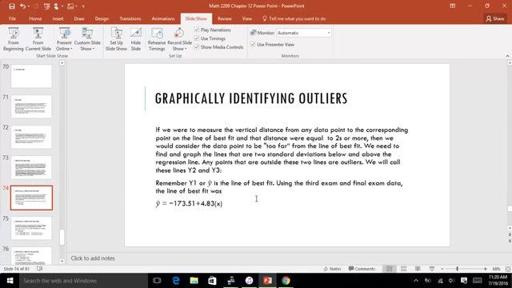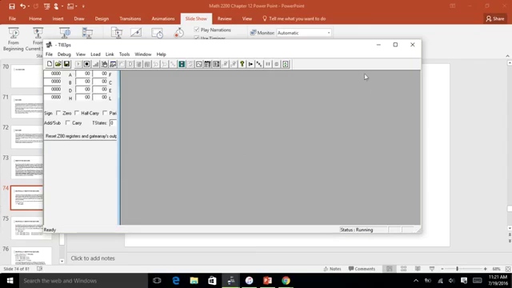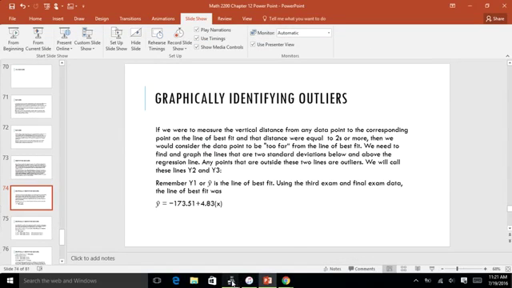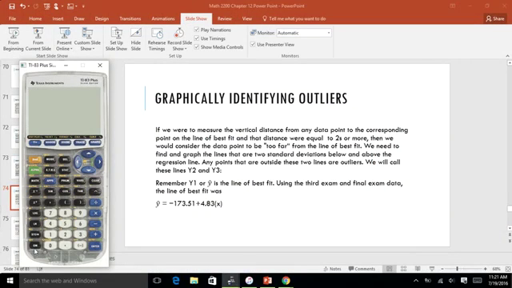It might help, okay? So I'm going to pause out of this and bring my calculator up. I still have my data in there, and you can see I still have my line of best fit.